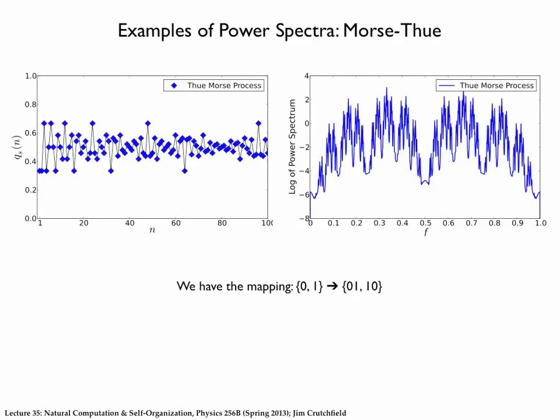The second iteration, I would just take this 0 and map it to 0, 1, so that this guy does that. And then this guy, I would take the mapping 1, 0. Then I just keep doing it over and over again.